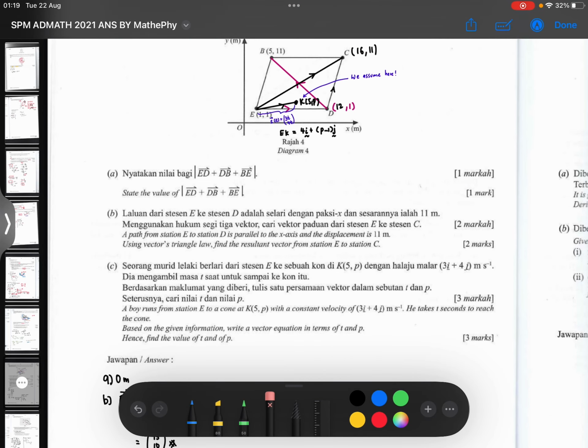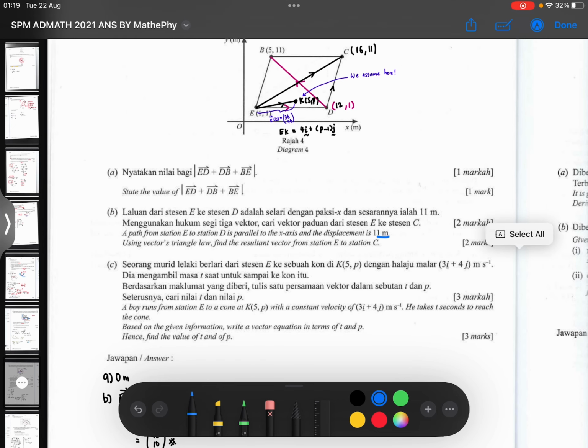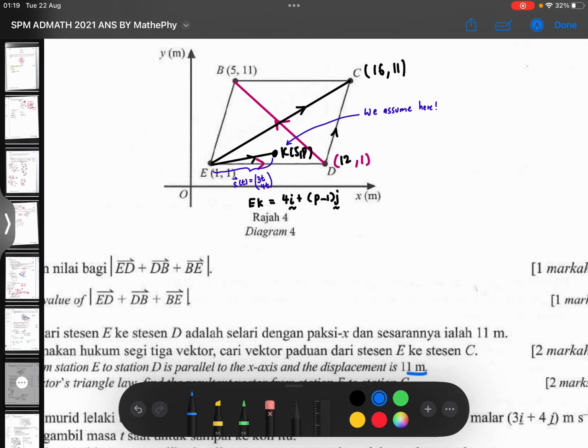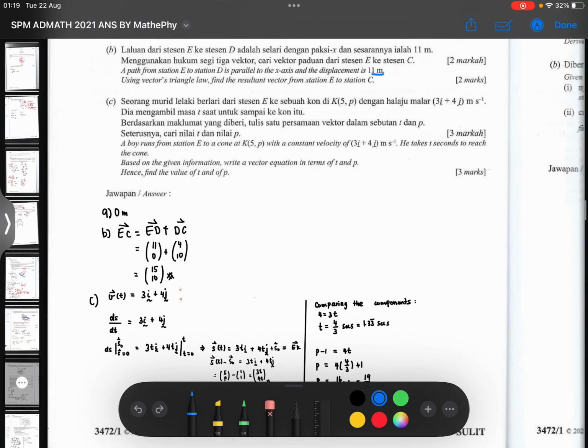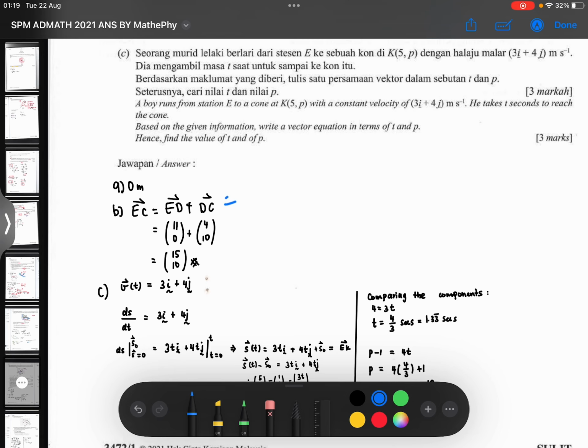B, a path from station E to station D is parallel to the x-axis and the displacement is 11 meters. Using the vector triangle law, find the resultant vector from station E to C. So from here to there, right? By definition, you can use the addition of vectors. So ED plus DC.